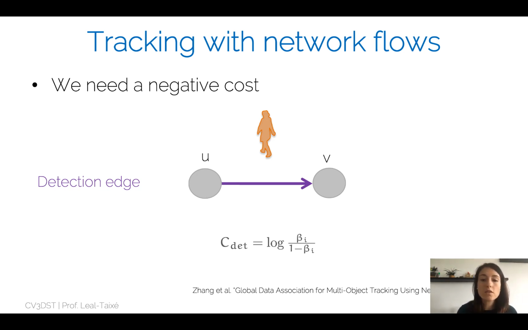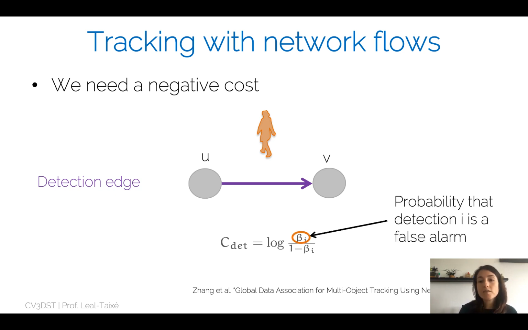The formulation of the detection edge is the one that you can see here, and it depends on this parameter beta i. This is the probability that a detection i is a false alarm, so essentially, the probability that this is not really a detection, but something else.